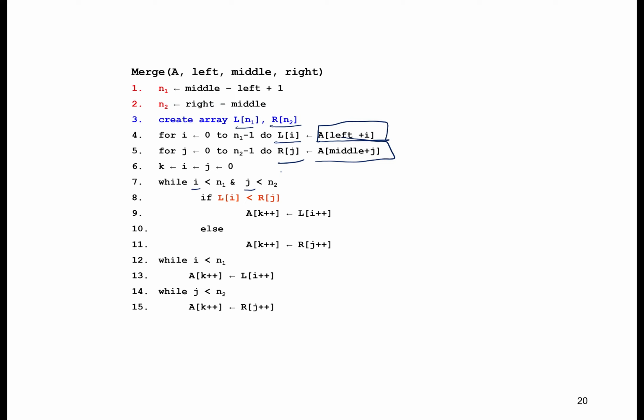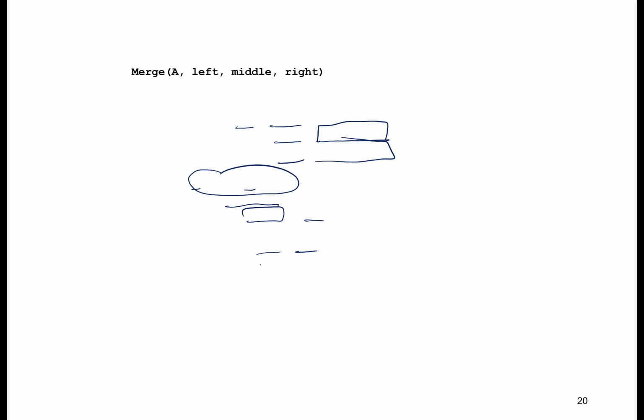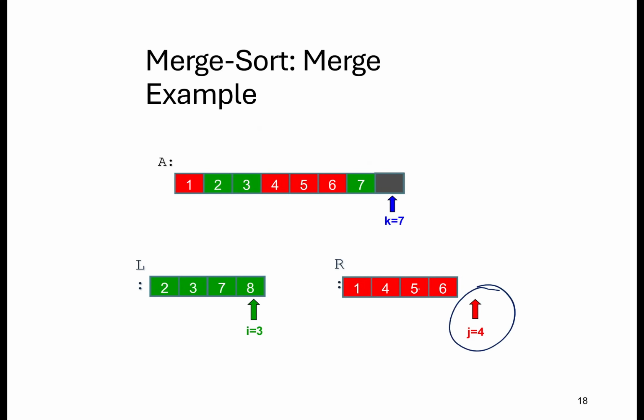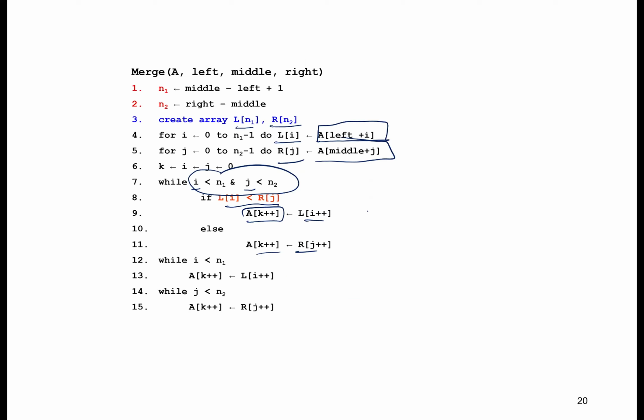I have shown you the illustration. So you just keep on comparing and putting into array A. At a certain point, one of them may get exhausted, so this may become true. Next, depending on which one is exhausted, I copy the rest of the other one. In the previous example, you saw that this one is exhausted. Now I just take the rest and copy it here. That's exactly what you are seeing happening here.